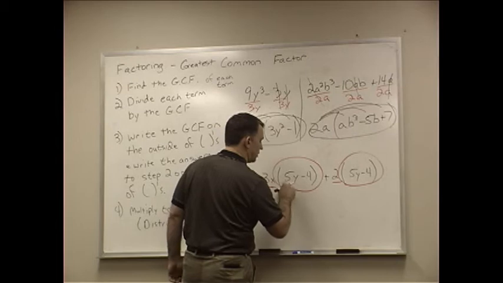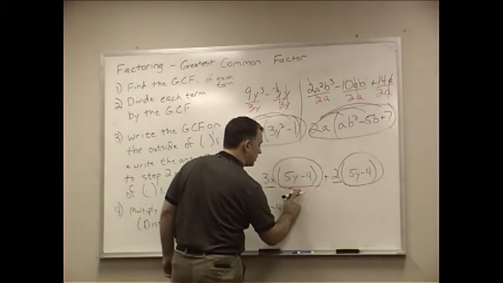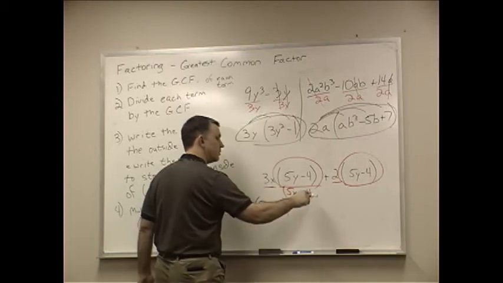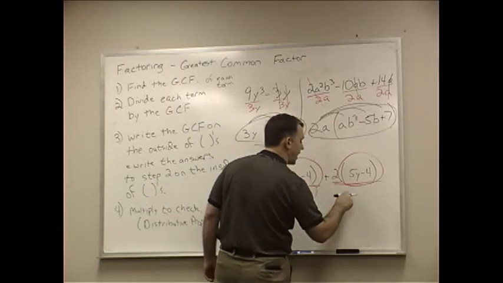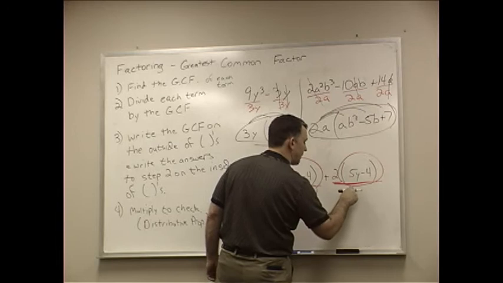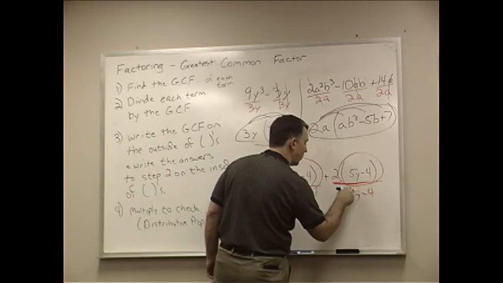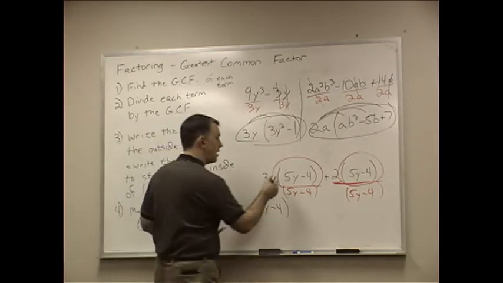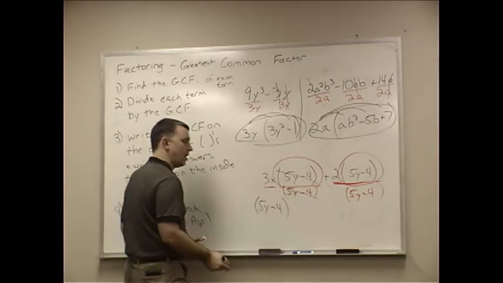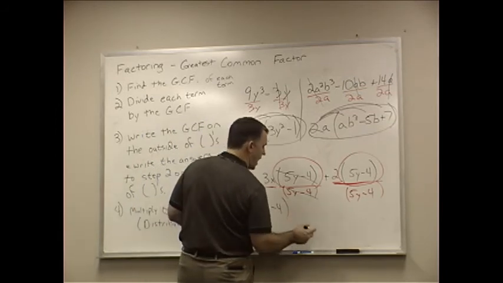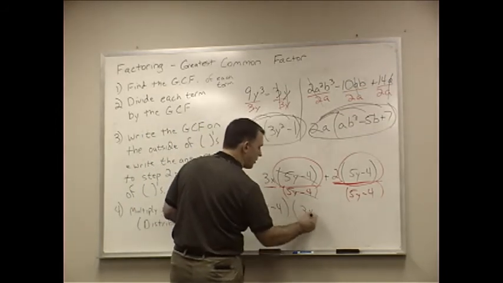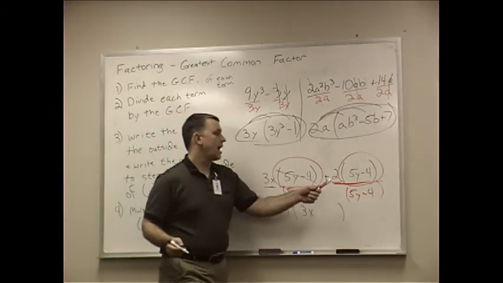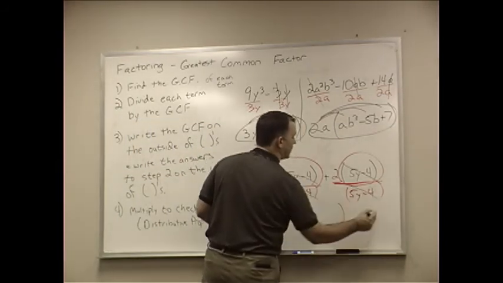We take both sides and we divide by the common factor, 5y minus 4. I'm going to divide this side by 5y minus 4. Lo and behold, things that are the same on the top and bottom cancel out. And that leaves me with 3x. So I'm just going to go ahead and set up my parentheses now. And the 5y minus 4's are going to cancel there.